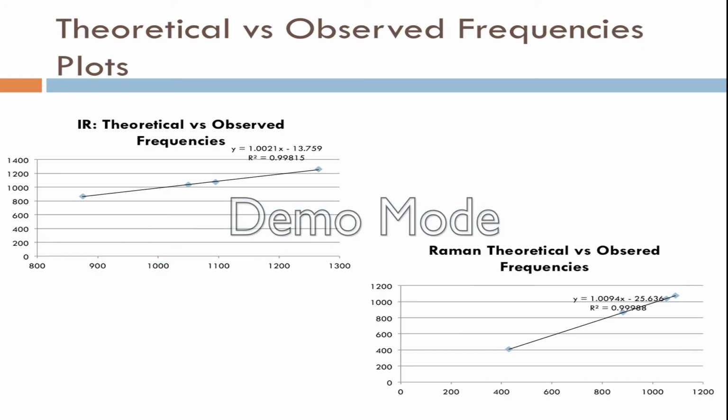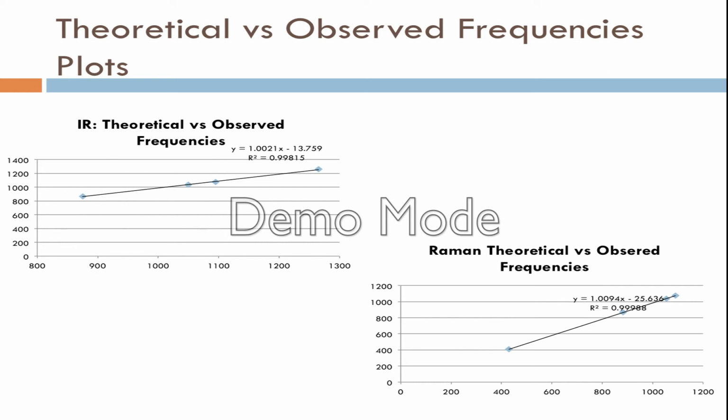And so these are plots of theoretical frequencies versus observed or expected frequencies. The one in the top left is for our IR. On the x-axis we have observed frequencies, on the y we have theoretical frequencies.